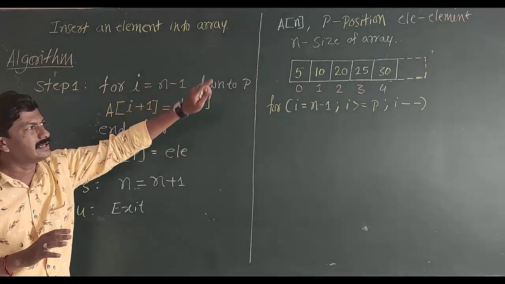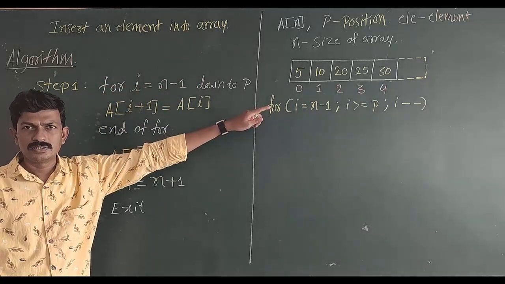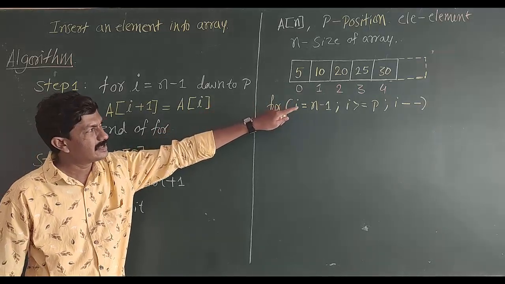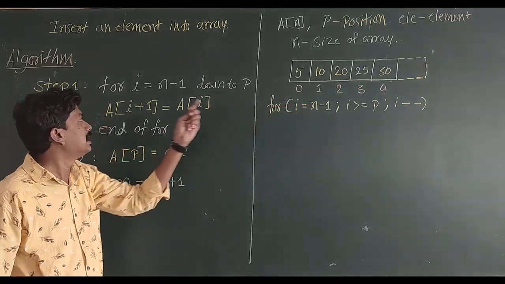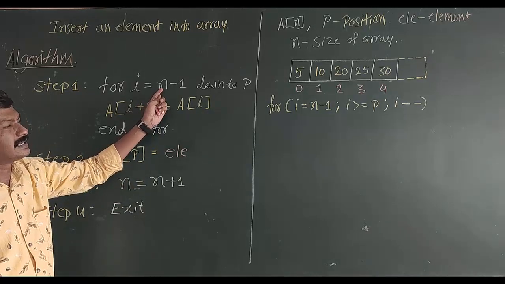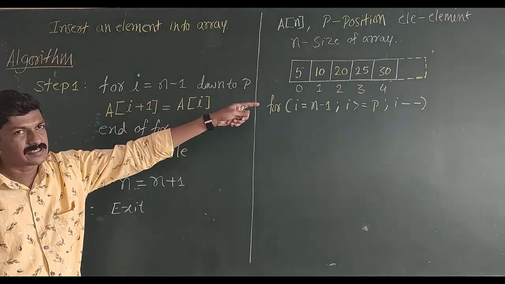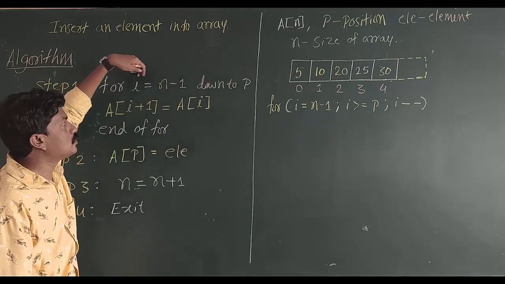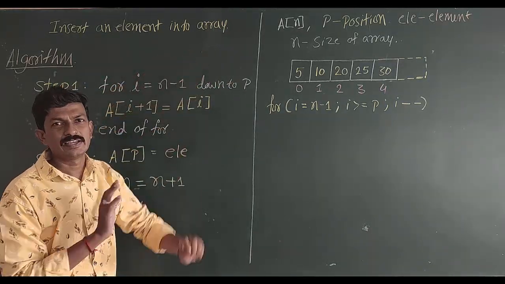If we have an array of size 5, then 4 is the highest index. I need to move the elements from the last index down to p, the particular position. All those elements should be shifted to their next index.